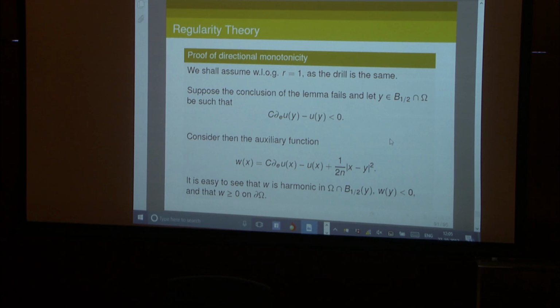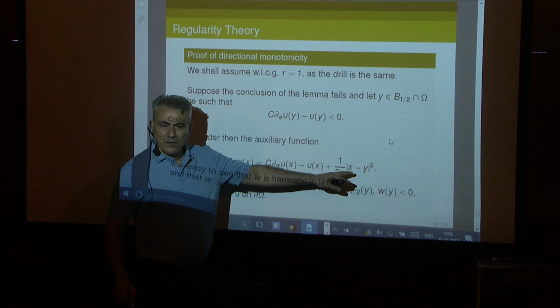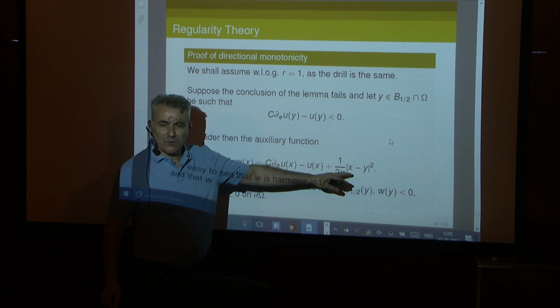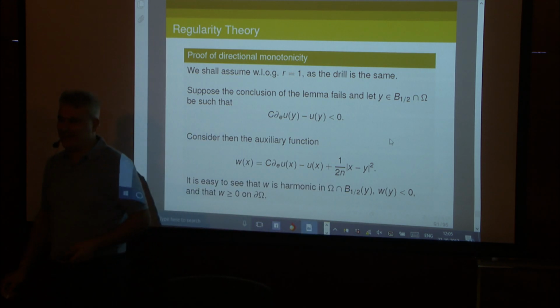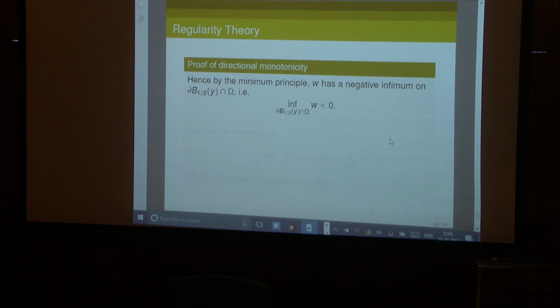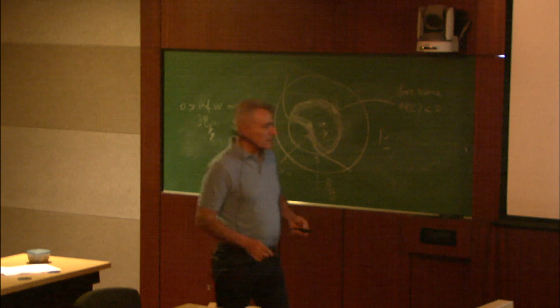Okay, so on the ball of radius 1/2, this guy is going to go what? R to the power 2, so R is 1. We are working with R equal to 1. So it's going to be 1/4. 1/4 times 2n, that's 1/8n. That's where the value 8n is coming from. So you're going to get that the infimum is negative. Just let me go back so you see the picture again.